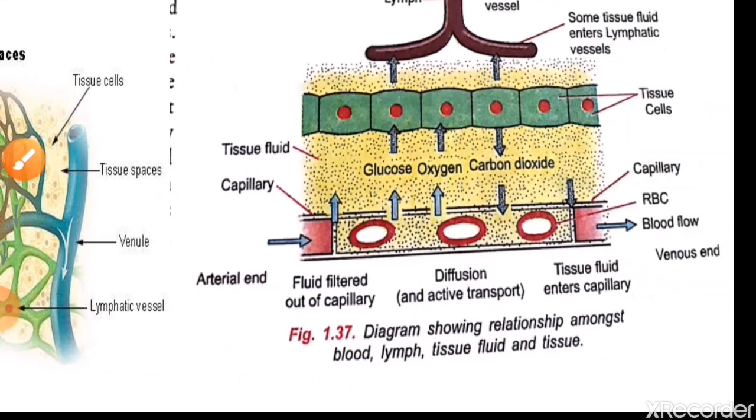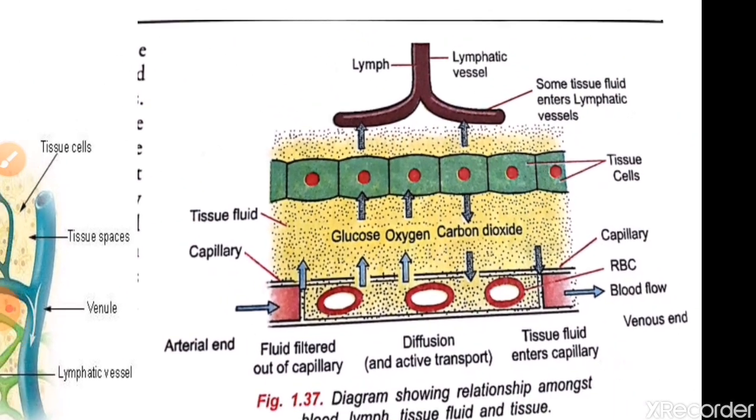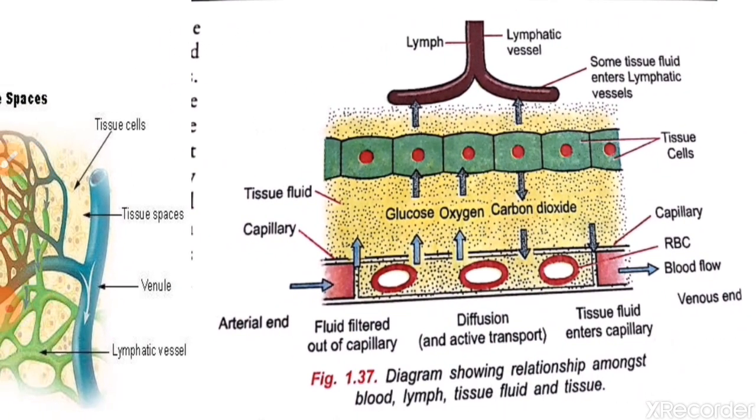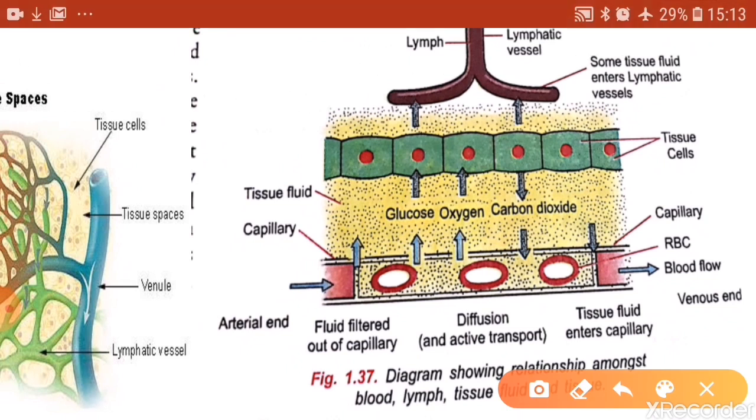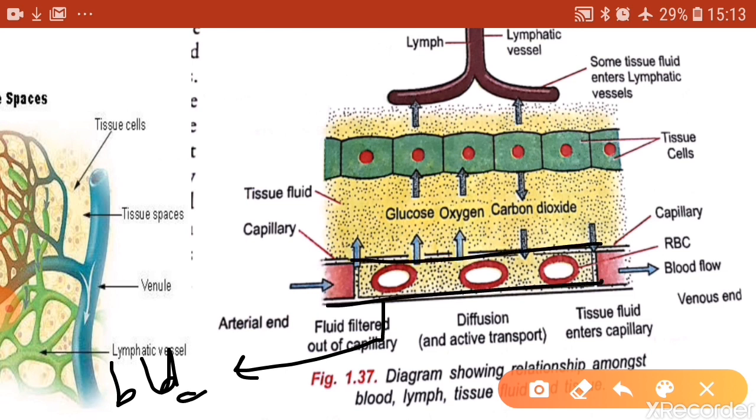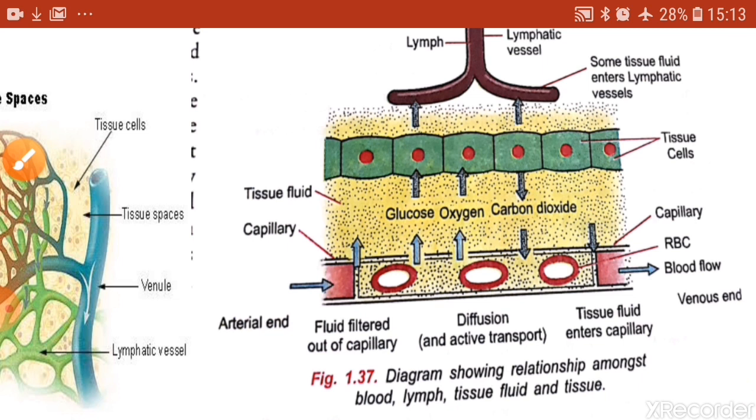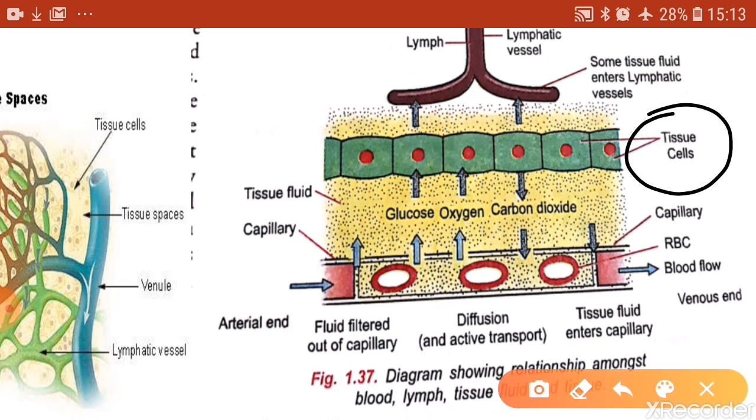Now have a closer look at this diagram. The vessel that you see here is a blood capillary, and the blood capillary is present in the tissue region. These cells that you see are the tissue cells.